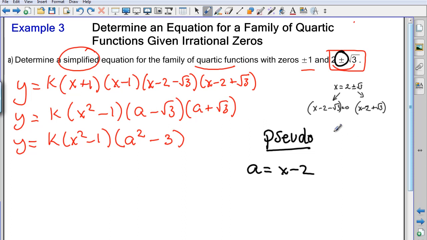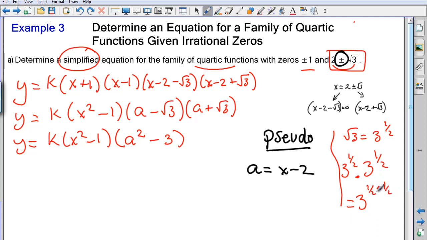Remember, off to the side here, root 3 is the same thing as 3 to the 1/2. So if I take 3 to the 1/2 and multiply it by another 3 to the 1/2, the exponent law says when the bases are the same, you add the exponents. Well, 3 to the 1/2 plus another 1/2 is equal to 3 to the power 1. And that's how we get root 3 times root 3 equals positive 3.